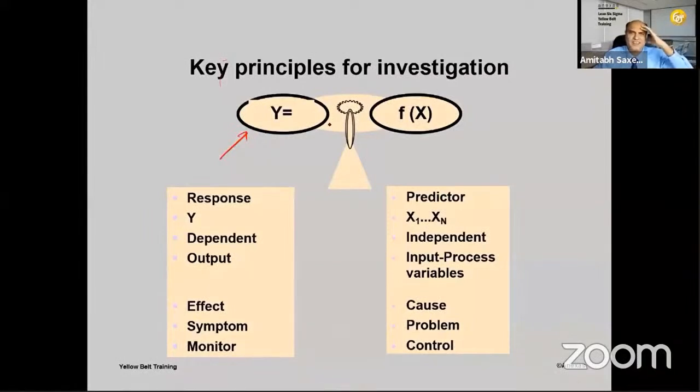Oh, my infection rates are high. My complaints are high. My delivery times are high. People are complaining about my services. This is the symptom. Go to the doctor with a fever. That is the symptom. He applies Six Sigma. He measures. First he calculates the data. He finds your body temperature is this.